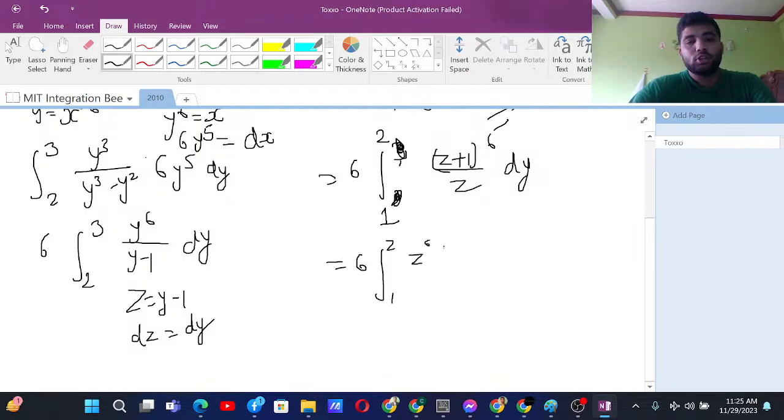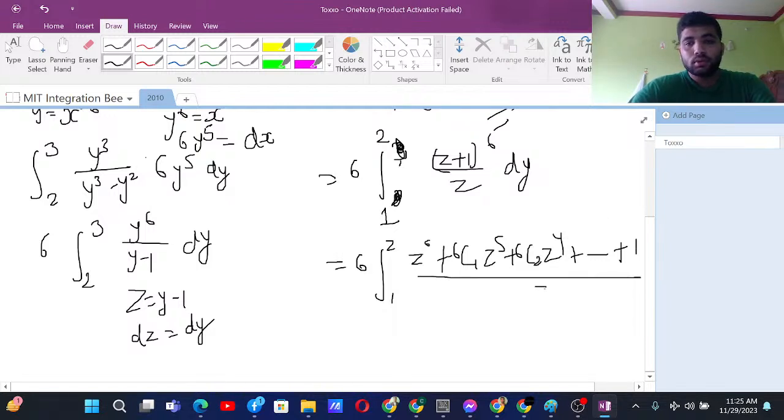It is z to the power 6 plus 6 z to the power 5 plus 15 z to the power 4, and so on till 1 by z dz. Now you can just integrate part by part, and then substitute the limits of integration, and I think that's really easy.